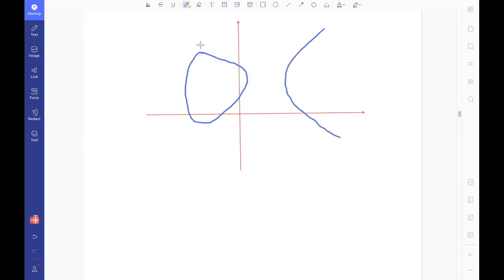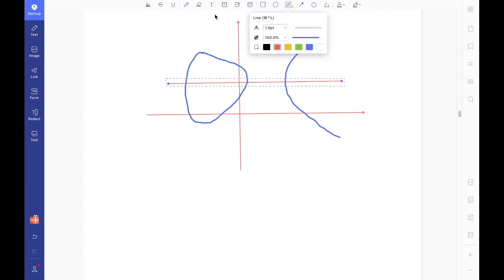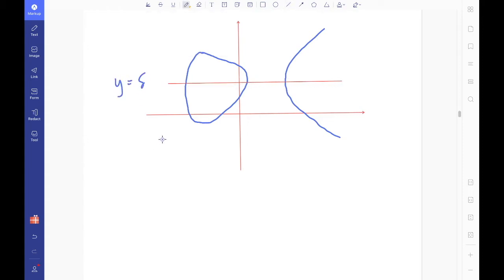And this line here is delta, y equals delta. If I want to show that it's symmetric about that line, I need to think of a series of transformations that reflect about this line and show that these transformations don't alter the equation of the curve.